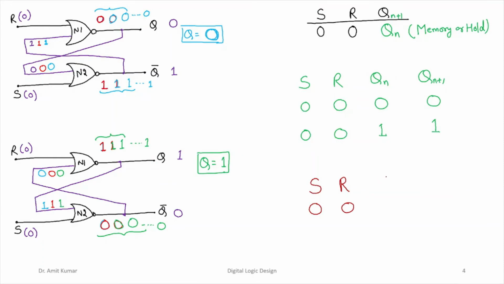In this particular case we call the output Q the memory or hold state. If we write this Q in terms of Qn plus 1, we can write this as memory or hold, or we can write it as Qn. It will retain the same value. So this is going to be the third scenario for the inputs, right?